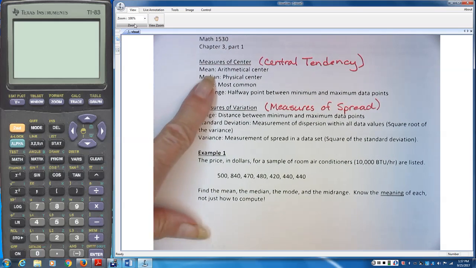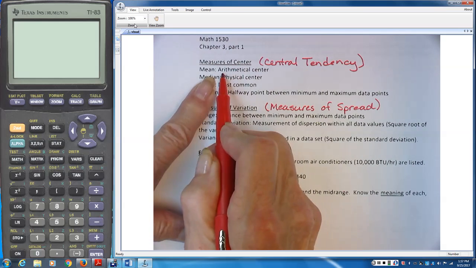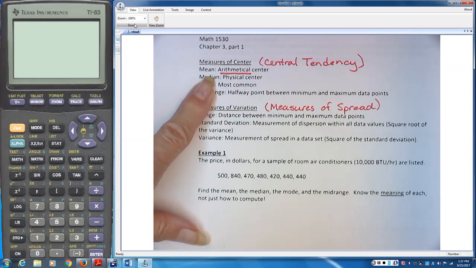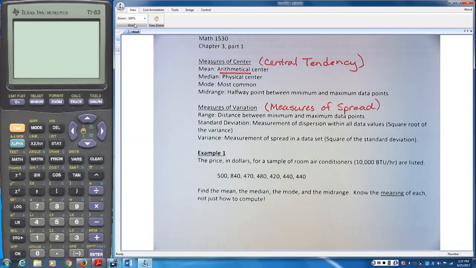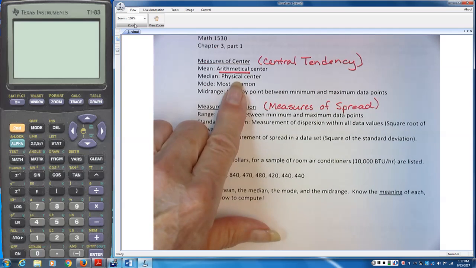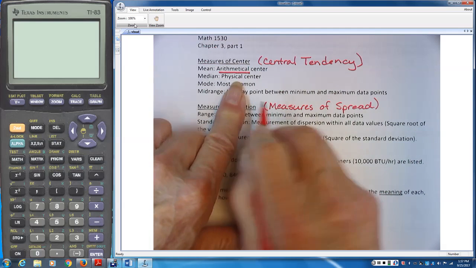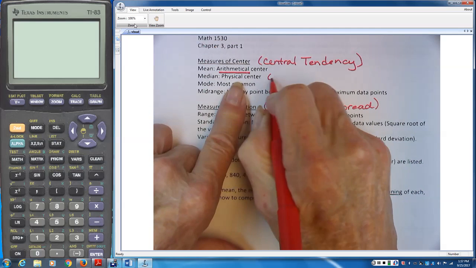So the mean is not what we usually call it, but it's the arithmetical center. Another word that's used for it is sometimes called the geometric center. The median is the physical center, and the key to remember here is that your data must be rank ordered.